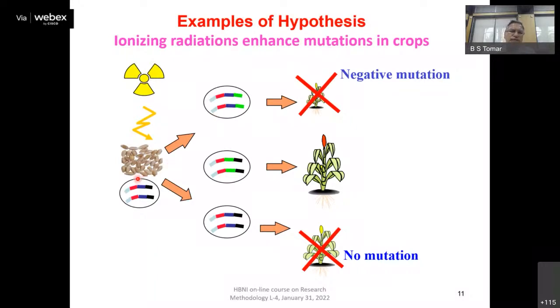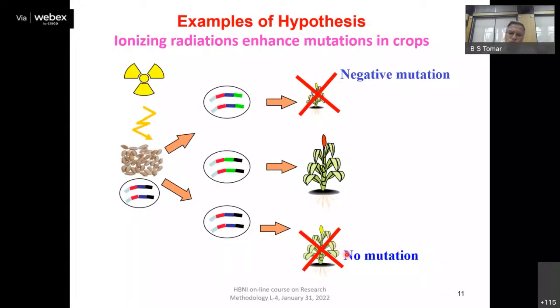Now, so you take the seeds, for example these wheat seeds, and irradiate with the gamma radiation. The gamma radiation may introduce genetic changes or not. The changes can be positive. A negative mutation means it is retarding the effect of growth.